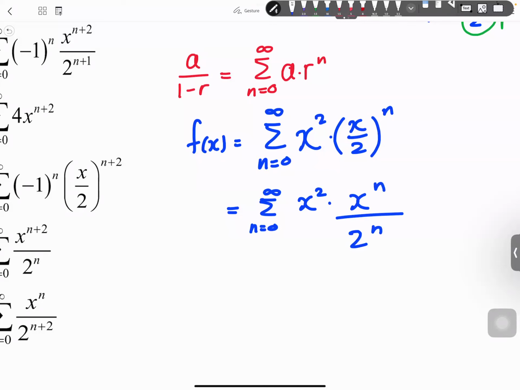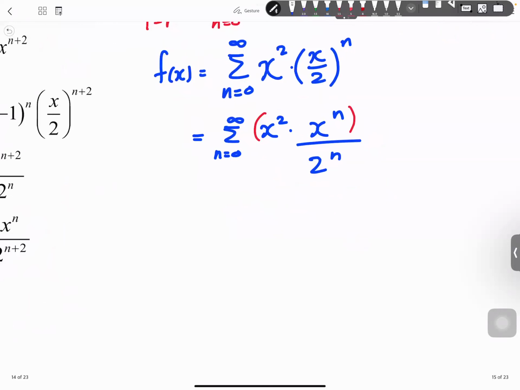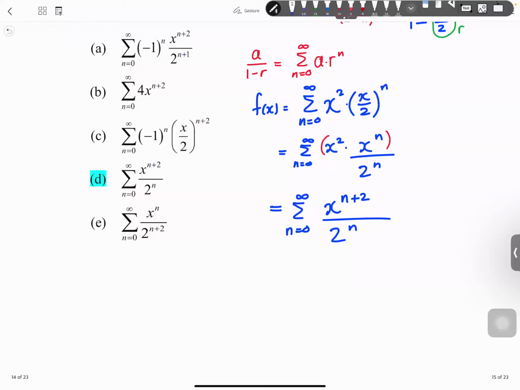Then we can combine those two back together. That gives me the sum n going from 0 to infinity of x to the power n plus 2 divided by 2 to the power n. Now, if I write it like that, I do have an answer that matches. Answer D.